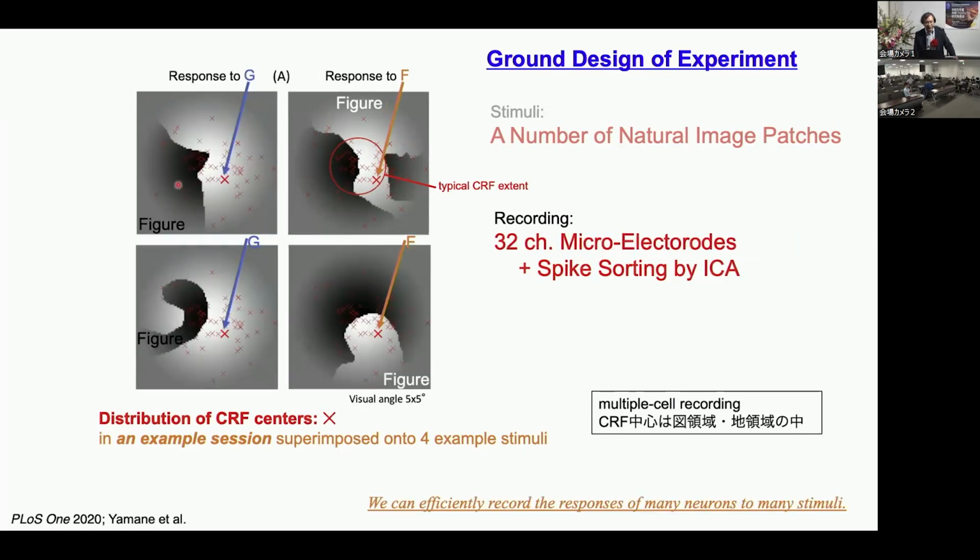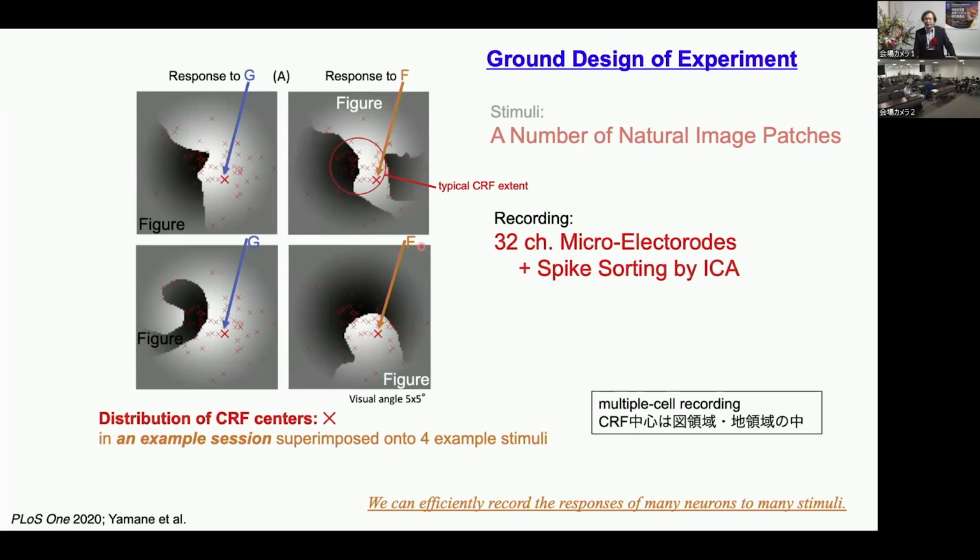In this case, the figure is black. So we get the response to the ground from the same neuron. And with the next stimulus, we get the response to the ground, and the next one, we get the response to the figure, like this. So in this way, we can efficiently record the responses of many neurons to many stimuli.